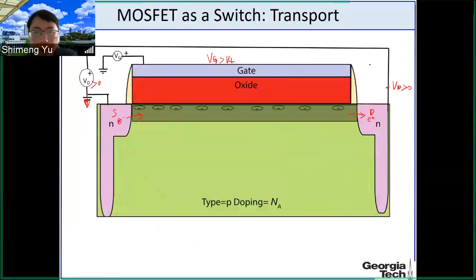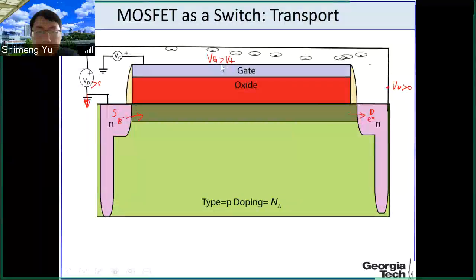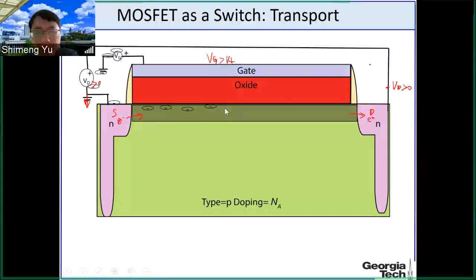And then we discussed how the current flows in the NMOS. Basically, we first need to create the channel by applying a gate voltage larger than the threshold to invert the channel from P-type to N-type. And then when we apply the drain voltage, the electrons can flow, and then we can have the drain current.